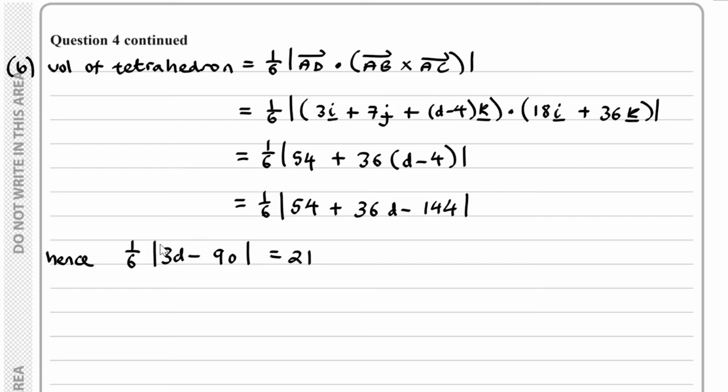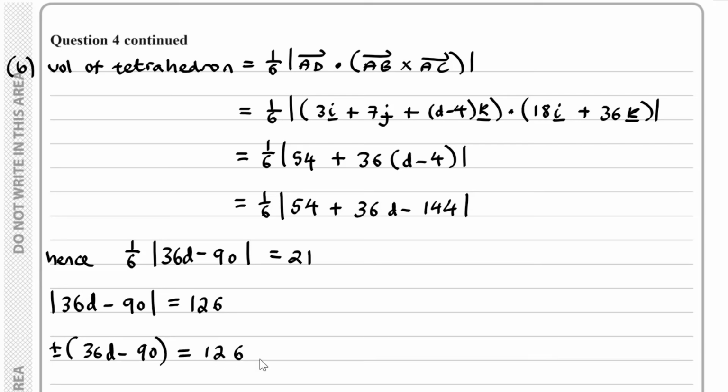And if we solve this equation, we have 36d minus 90 modded equals 6 times 21, which is 126. So we have plus minus 36d minus 90 equals 126.